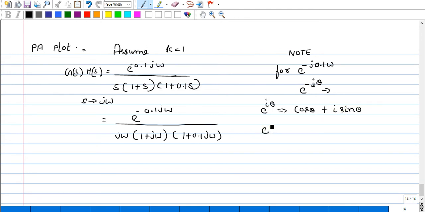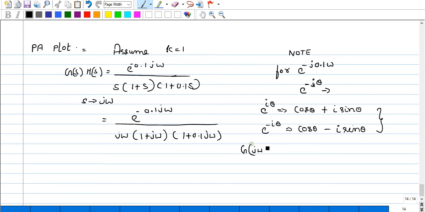If it is e raised to minus j theta, it will be cos theta minus j sin theta. You should remember this particular expansion. In case you want to calculate the magnitude, what will be the magnitude for this particular G of j omega?